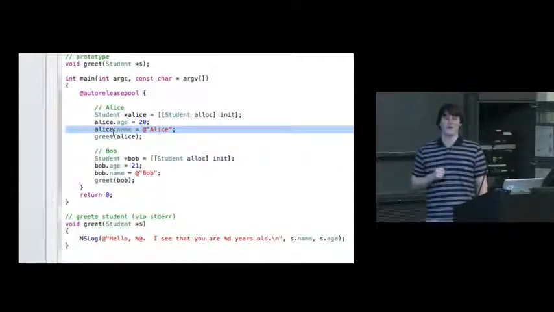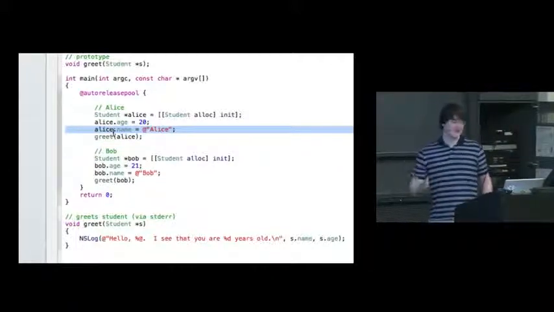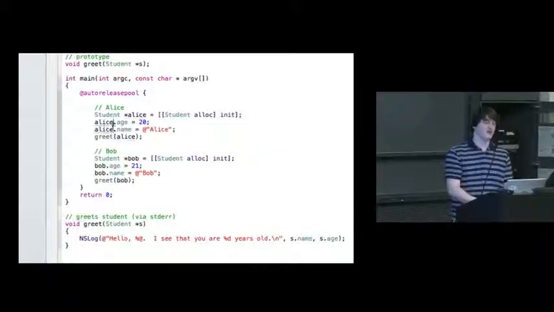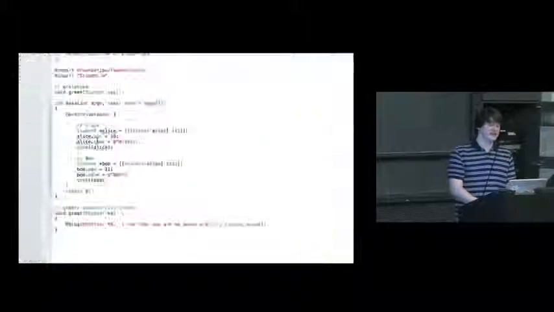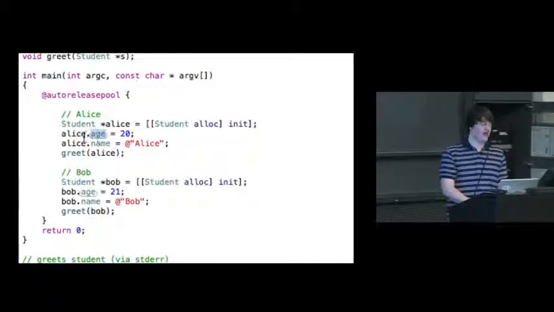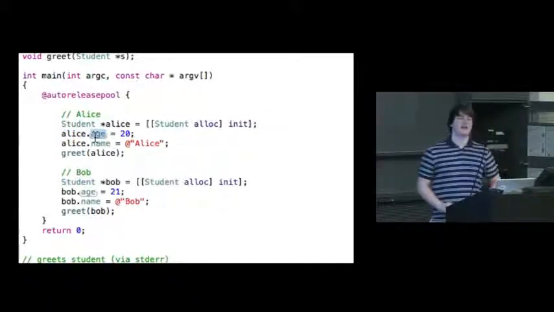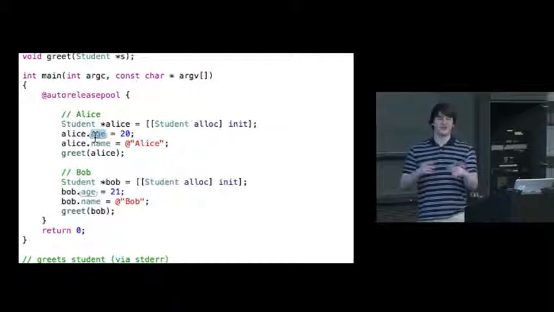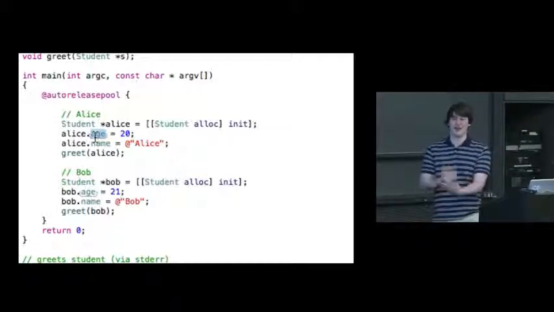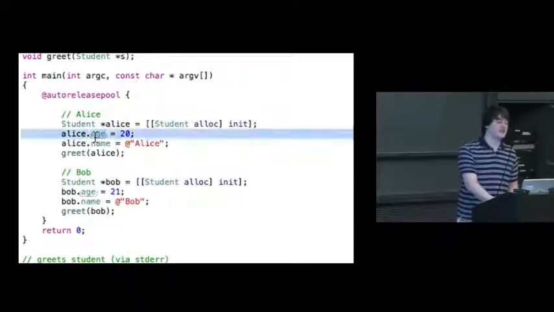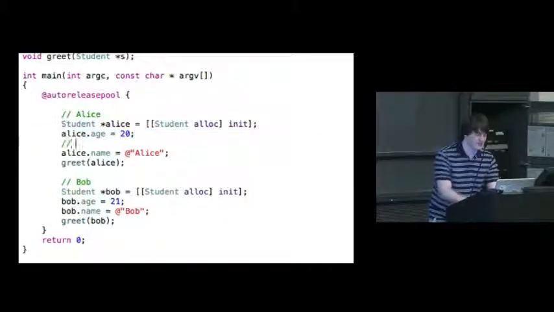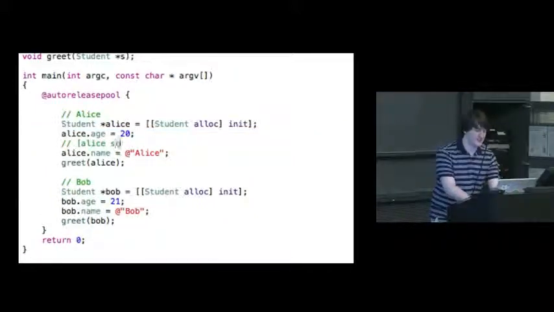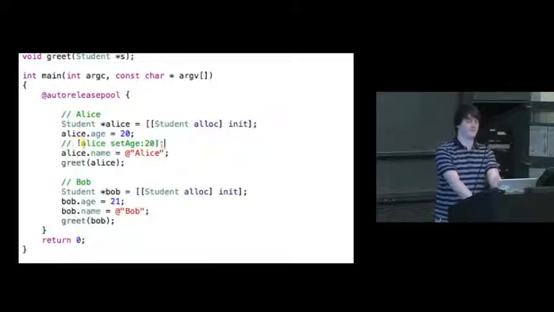So what a property does for us is says that since we said there is a property called age, then alice.age is, by the conventions that you should absolutely follow, underneath the hood going to be translated to Alice set age 20.